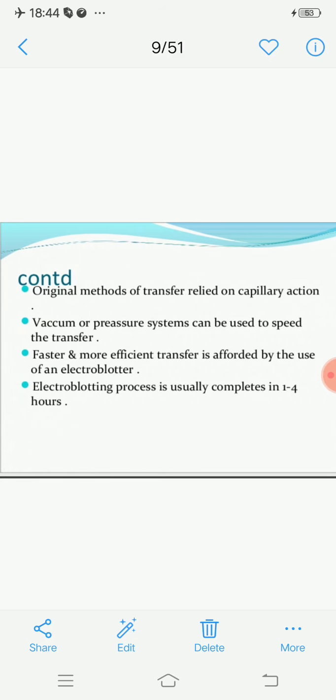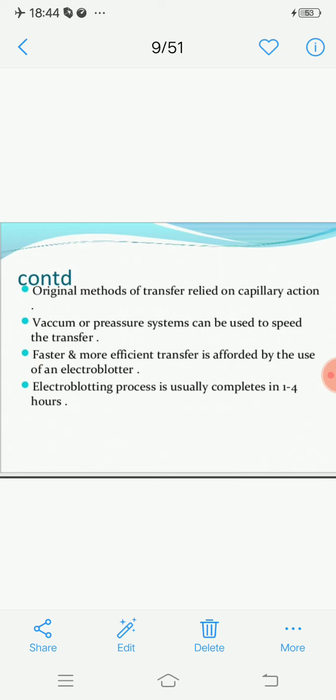Yes, so this transfer occurs with the help of capillary action, or you can use a vacuum or pressure system to speed up this transfer. To transfer the DNA bands from the agarose gel to the nitrocellulose membrane, there are different methods, like capillary action, or the use of a vacuum or pressure system.